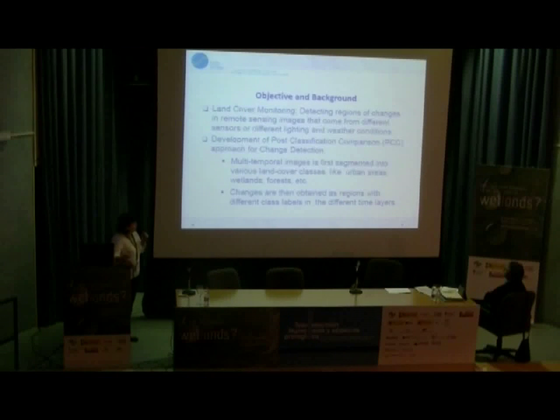What we mean by cross-classification comparison is that in our model we first classify the different image layers for various land cover classes like urban areas, wetlands, forests, or different vegetation classes, and then we compare these classes in different layers to detect changes.